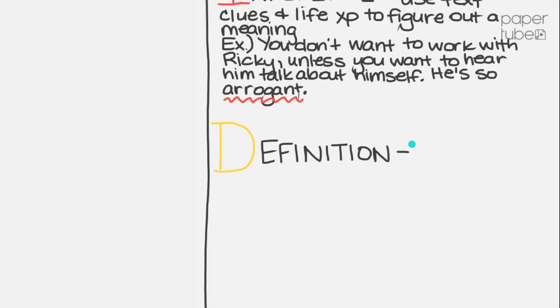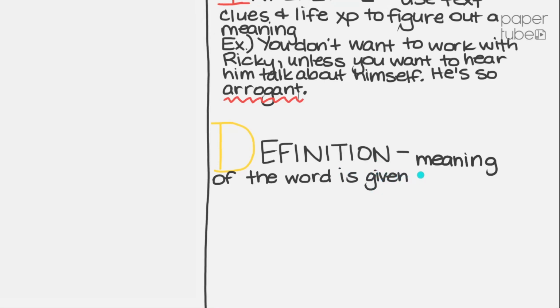Sometimes they'll do it where they have the word and then they'll put after the word in between commas the definition. So this is the meaning of the word is given in the sentence.